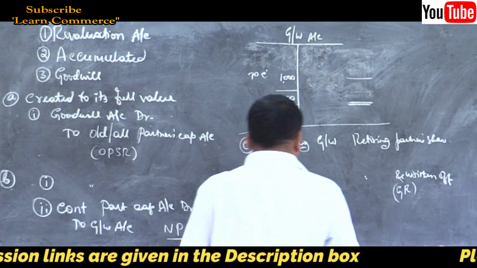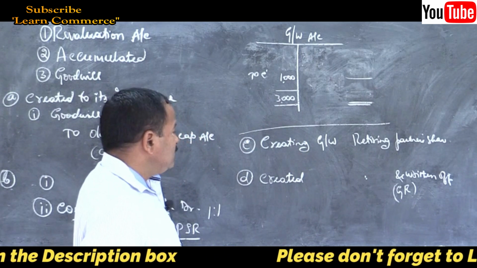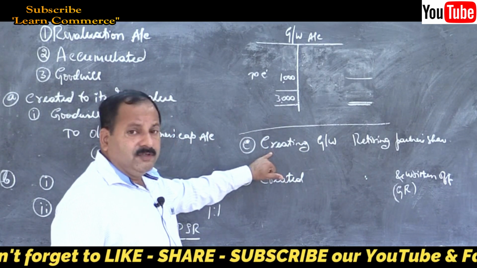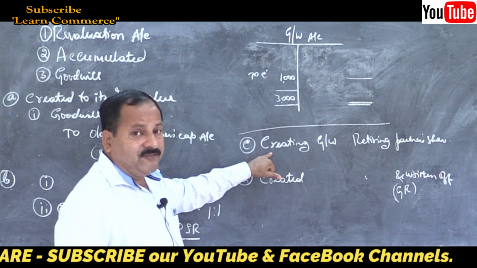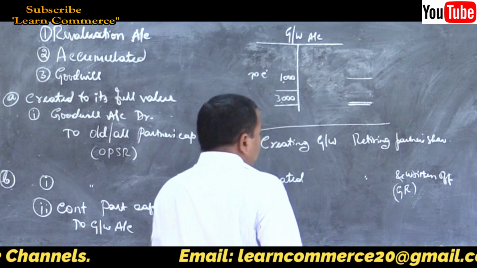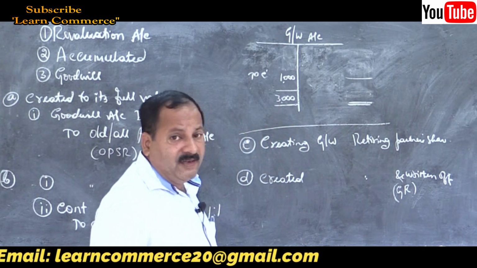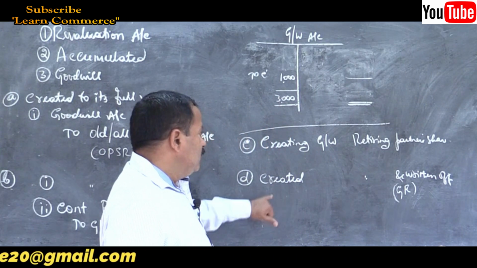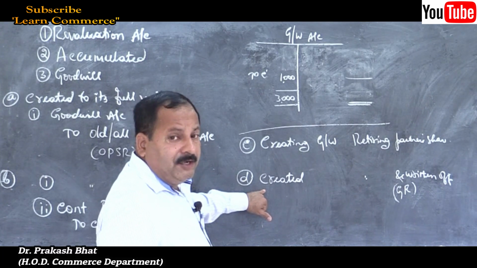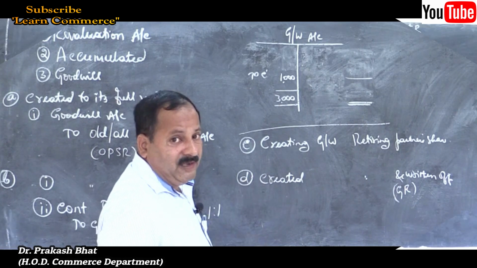So the same entry we will pass, goodwill account debit to retiring partner's capital account, that is creation of goodwill. Then we will pass one more entry to write off the goodwill, that is continuing partners' capital account debit to goodwill account.